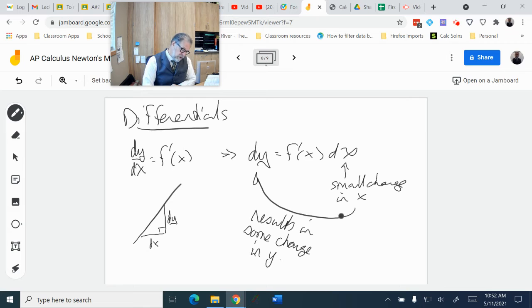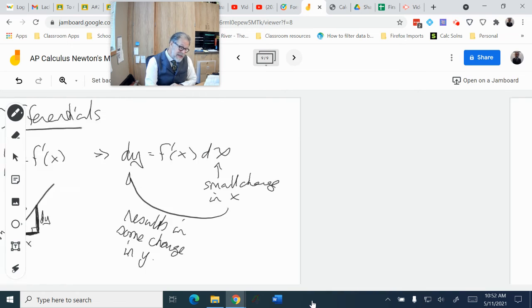In other words, we're just making a little linear function right there and saying, well, I know that if I choose some small value of x, I can then predict what my small change in y will be. And that'll come in more useful, again, this whole idea of differentials, when we get to integrals.